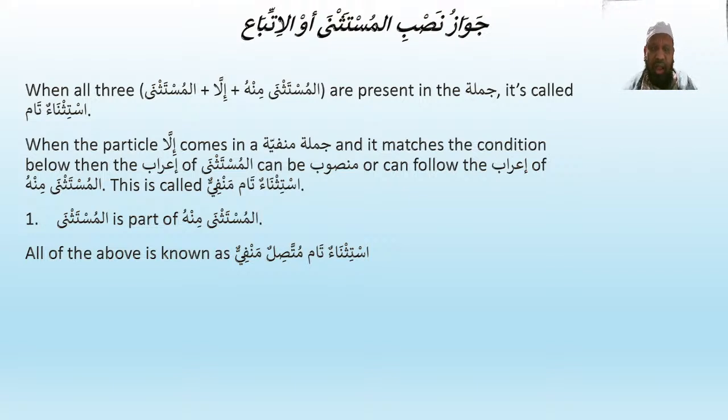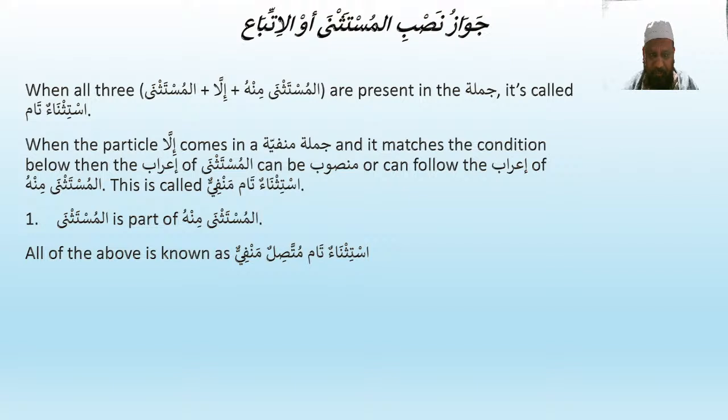manfiyun. Tam is because all three are present. Manfi means because there is a harf nafi there. So the jumla is manfiya. This one is called manfi. What is the condition? Al-mustathna is part of al-mustathna minhu.